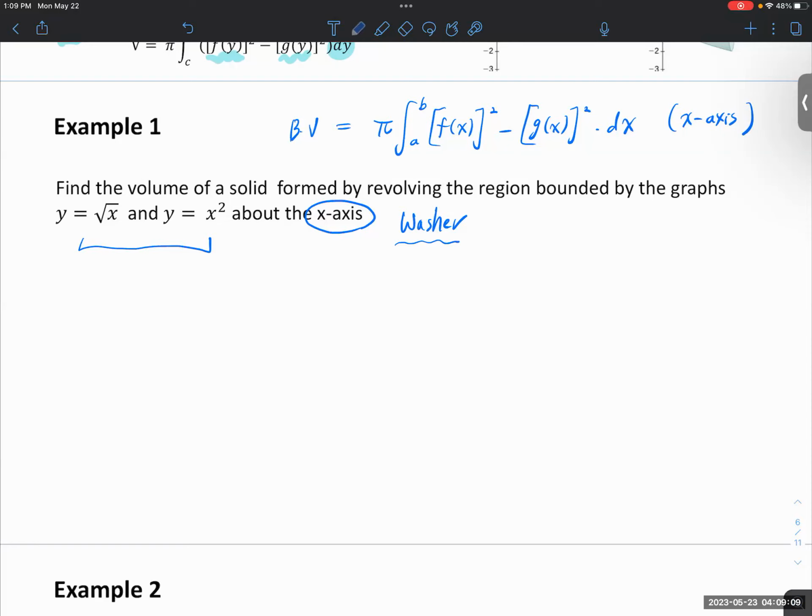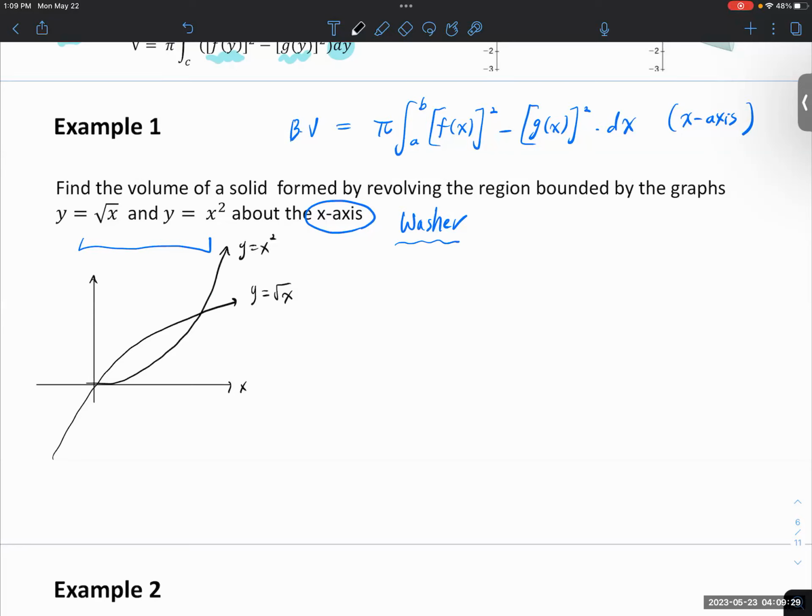So here is the image. I have the y-axis and the x-axis, and then y equals radical x, this is what it looks like. And I have y equals x squared, which is going to be something like that.